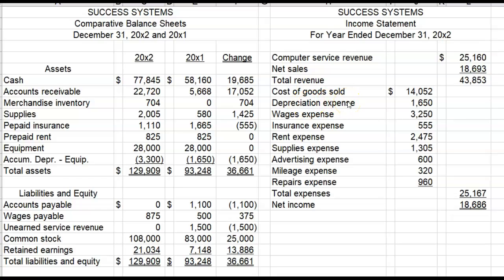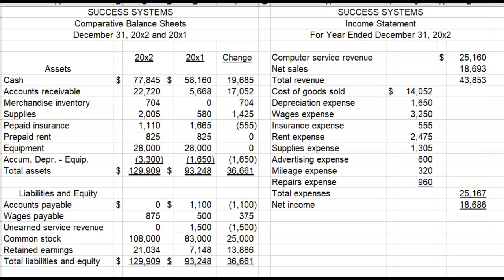They are just simply excluded from the operating activities section of the statement of cash flows under the direct method. However, we do want to present cash inflows and outflows from all of the other numbers in our income statement.